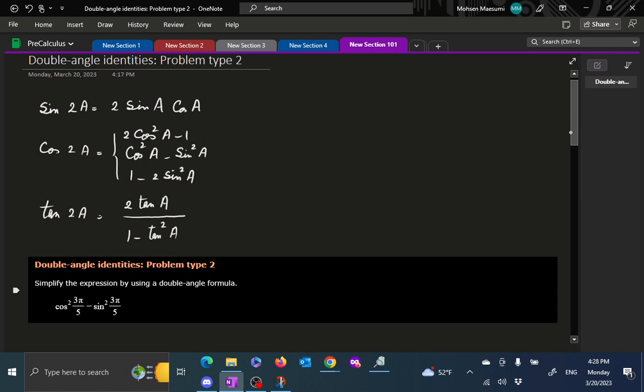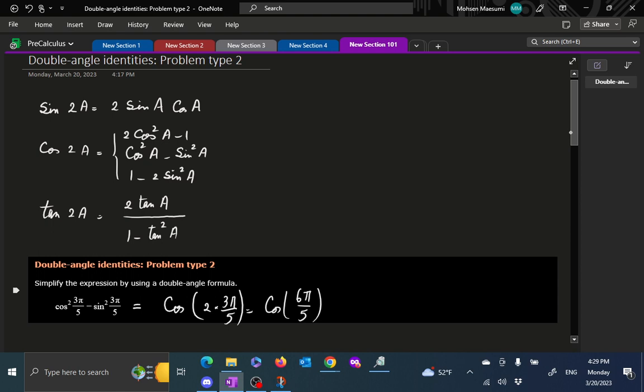So what is this going to be? It's the middle form, cosine square minus sine square. All we do is that this angle is going to double, so it becomes cosine of twice 3 pi over 5, which boils down to 6 pi over 5.